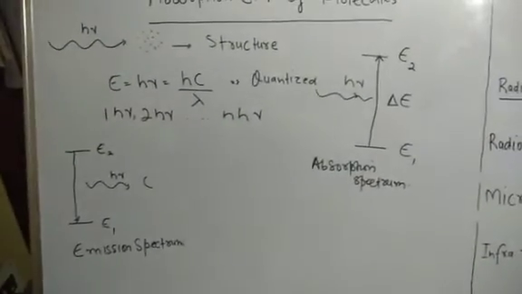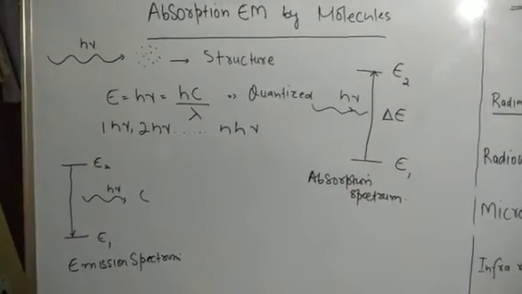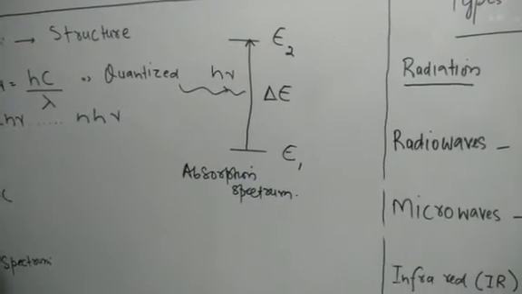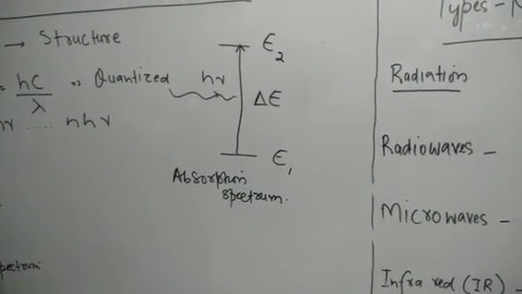So this is the absorption, and this is the emission spectrum. It's called absorption and emission spectrum.